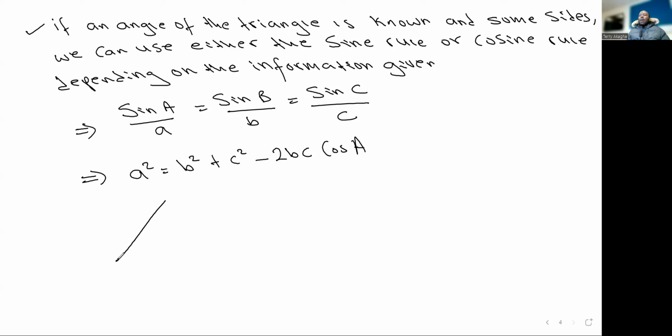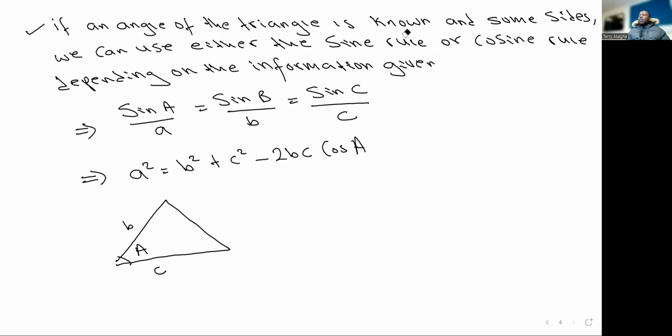So if, for instance, let's assume we were given this is angle A, this is side A, and this is B and C. Okay, so for instance, if A was not given, all right, you can use cosine rule to get this angle here.